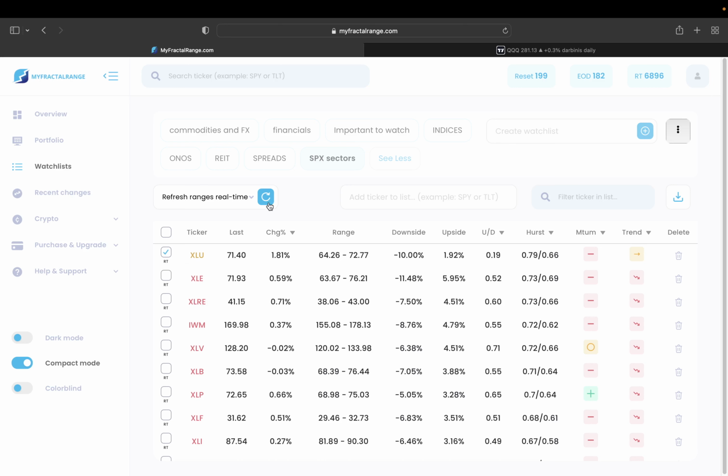As an example, we can just refresh the price and we see that today XLU is up 2%. Of course, the market is still open and I'm recording this on July 1st, 2022. But basically, you can say that there is a 79% chance that after the long weekend, when the market opens, the next trading day, that asset will also go up.